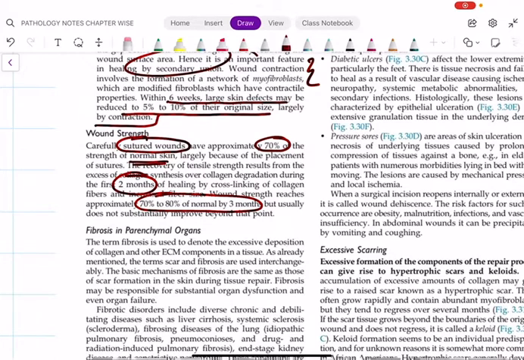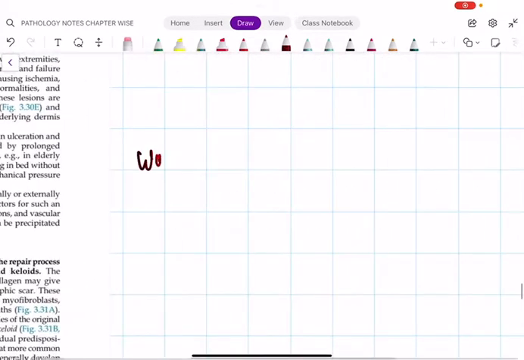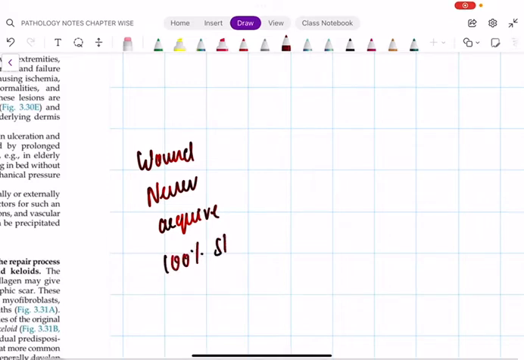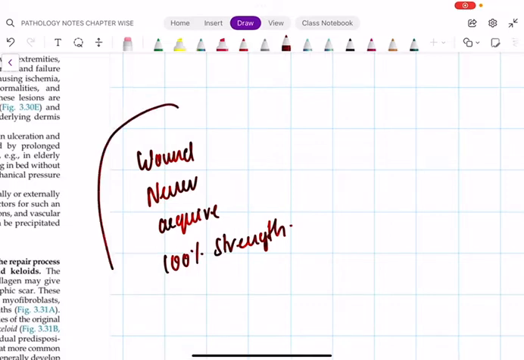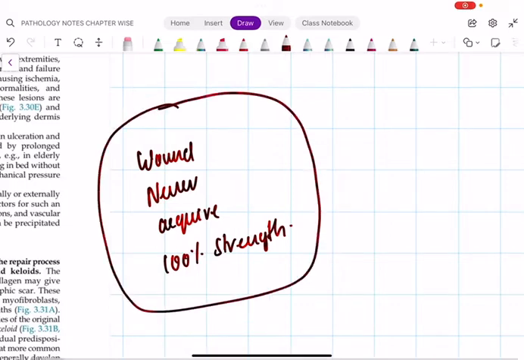And remember, very important point I am writing: a wound never acquires 100% strength. This is a very, very important question. I am drawing it in a box. A wound never attains 100% strength of normal tissue.